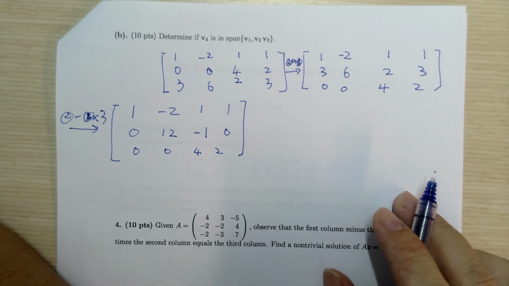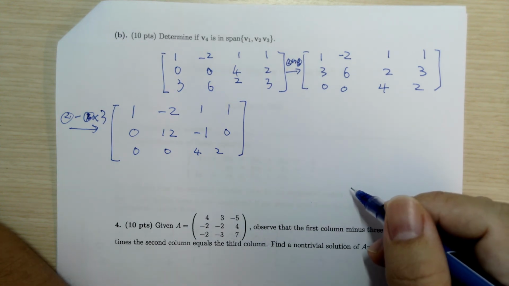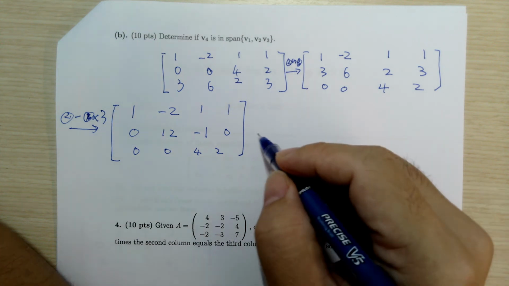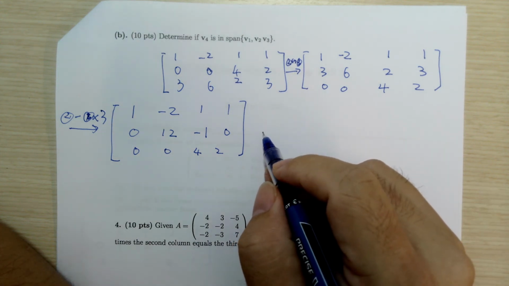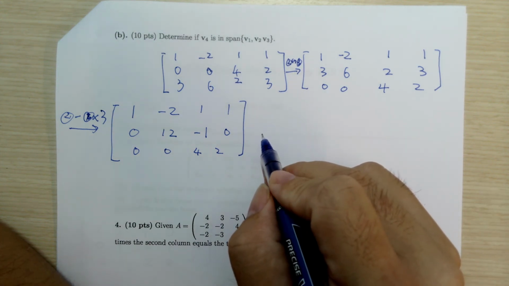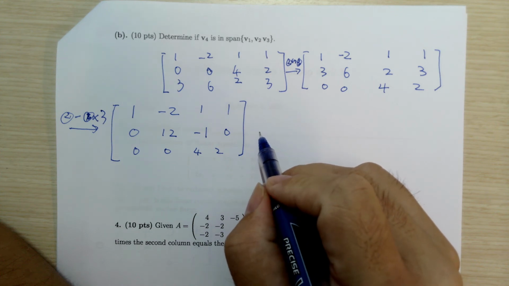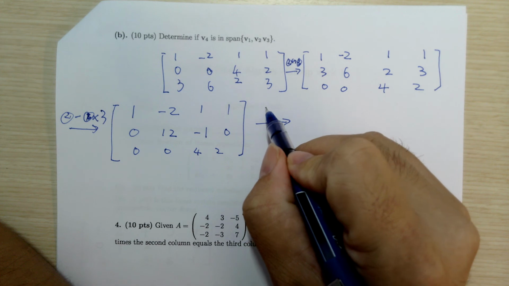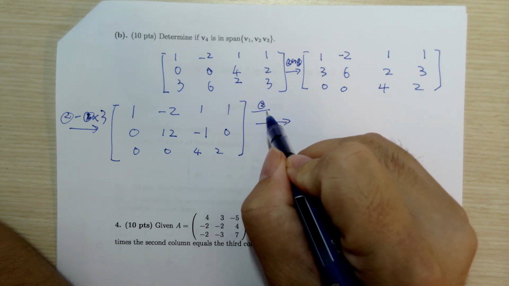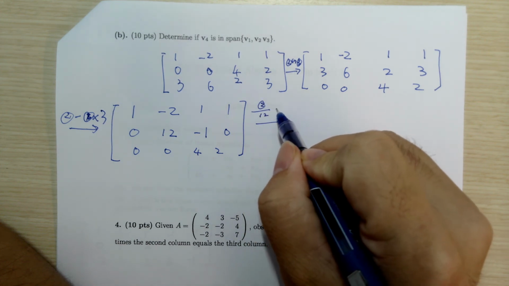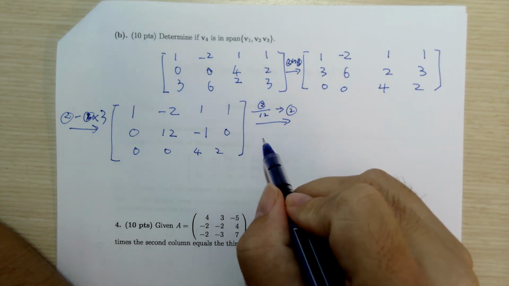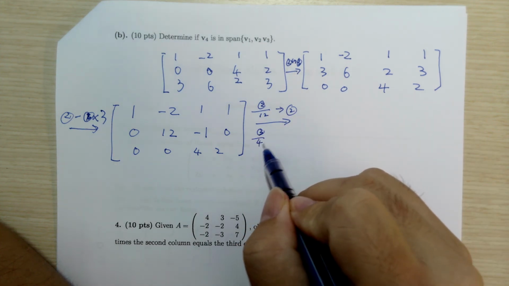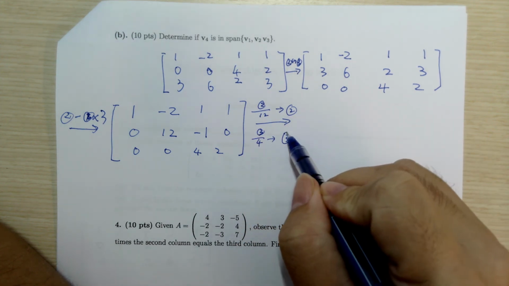And of course you can continue to do the row reduction here. So what we can do here is, as you can see, we can let our row 2 divided by 12 go to row 2. We can let our row 3 divided by 4 become our new row 3.